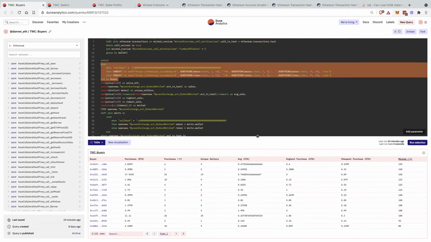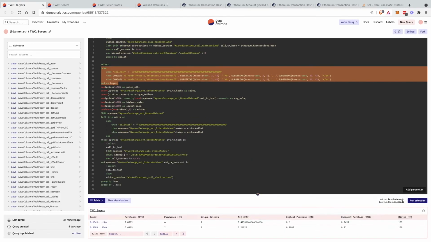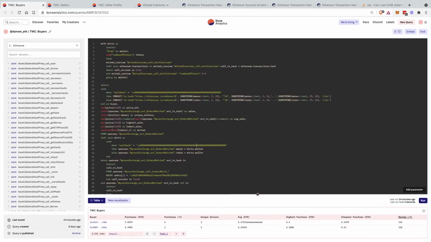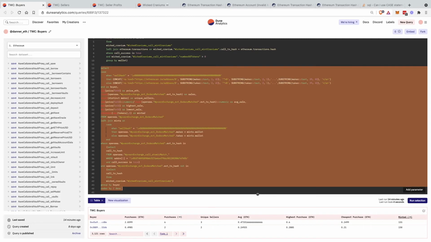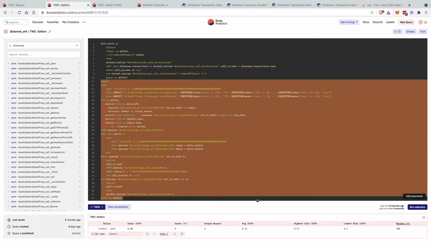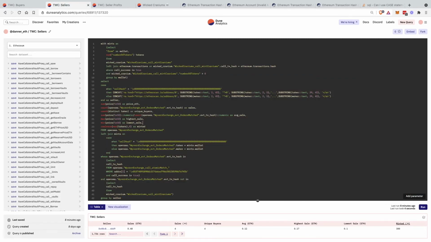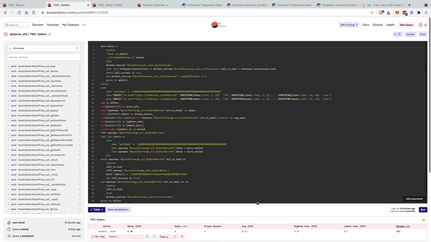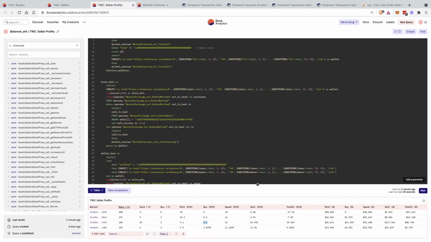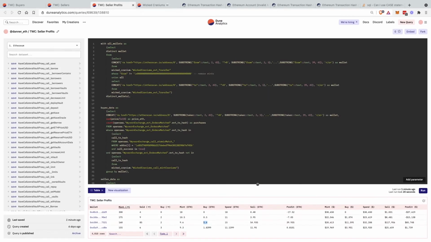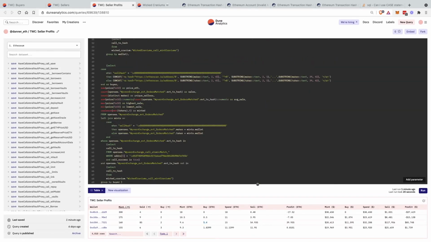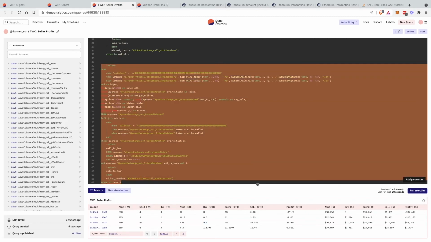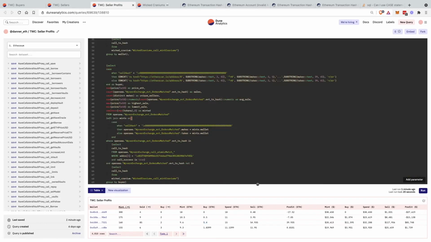Assuming that we're all good here, we don't really care about the mints because we're bringing them in separately. We'll just grab all of this. Got enough tabs going. Buyer data is going to get a change here. Then let's take out the mints.